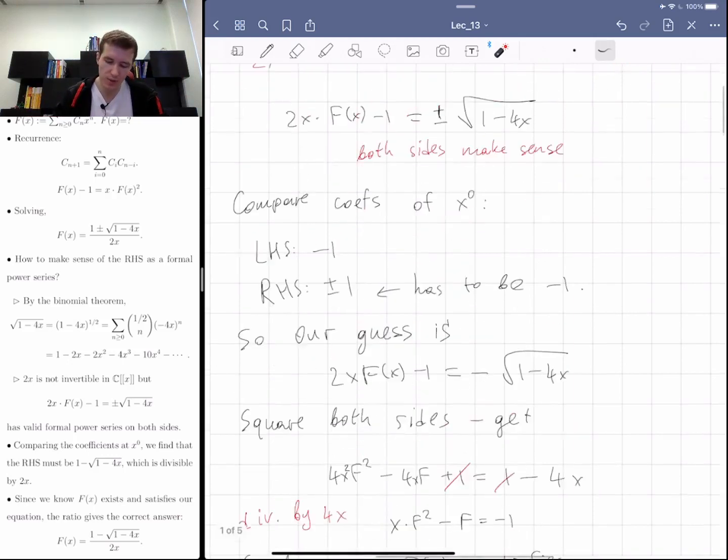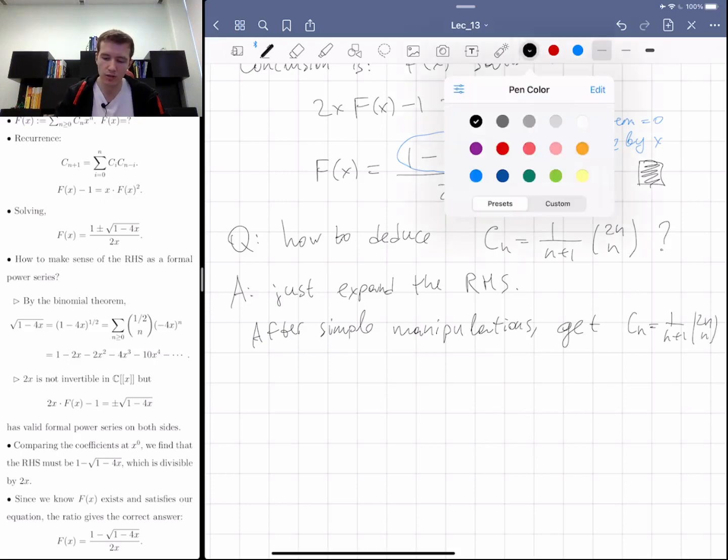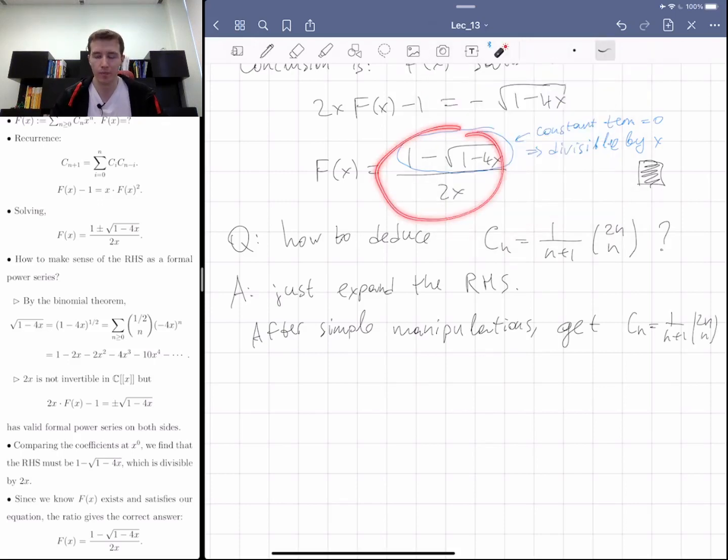Anyways, after some simple manipulations, which I will leave as an exercise, you get this formula just by generating functions.